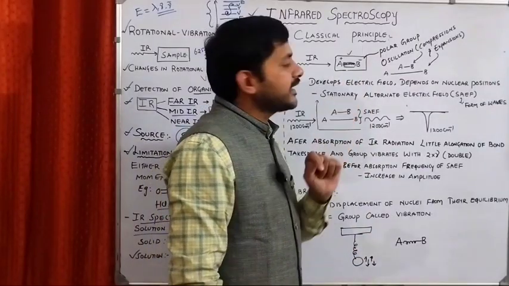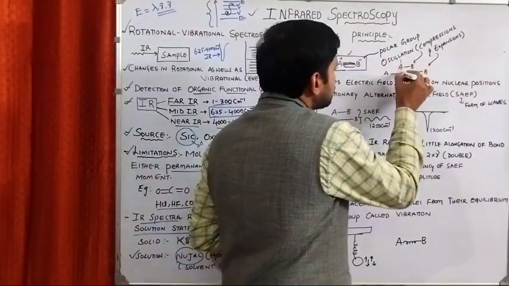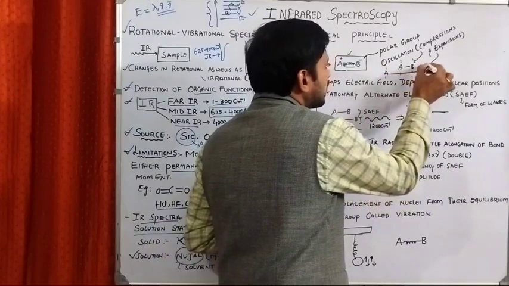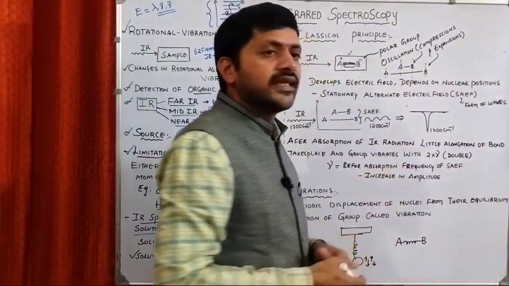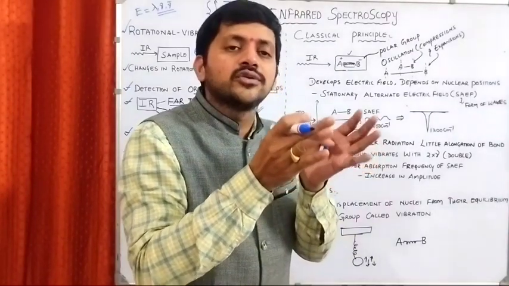So in this particular case, what happens? Because of the compressions, the distance between the atoms decreases. Because of the expansions, the distance between the atoms increases. It means that the positions of atoms in the molecule are changing.